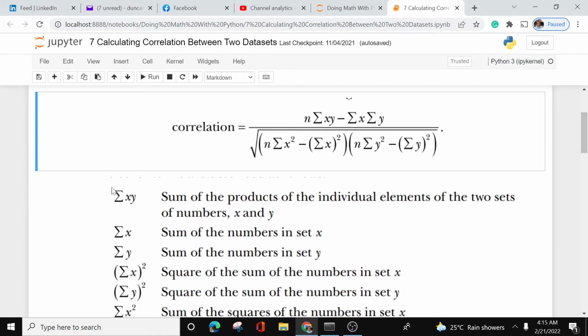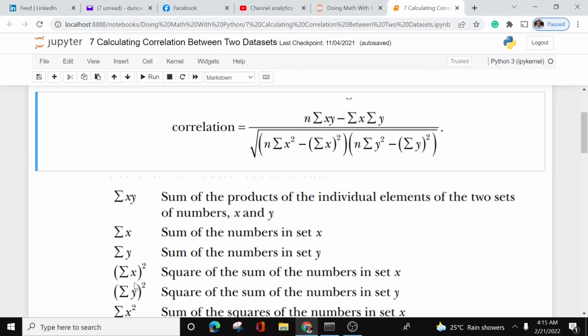Σxy, or the summation of xy, is the sum of the products of the individual elements of the two sets of numbers x and y, and we can find that here in the numerator. Summation of x is the sum of the numbers in set x, which you can see here in the denominator. Summation y is the sum of the numbers in set y, which you can find in this part of the denominator.